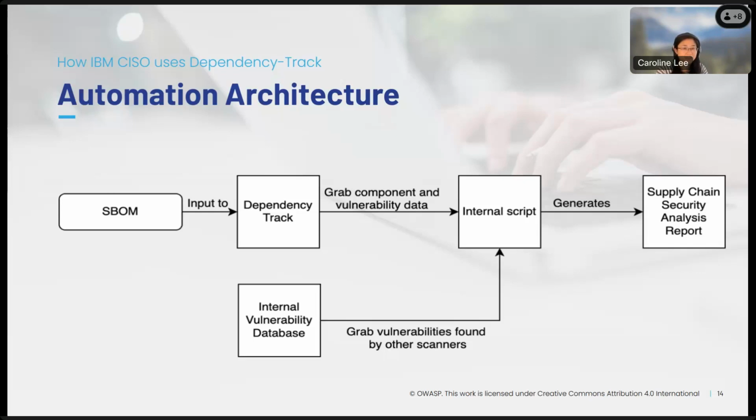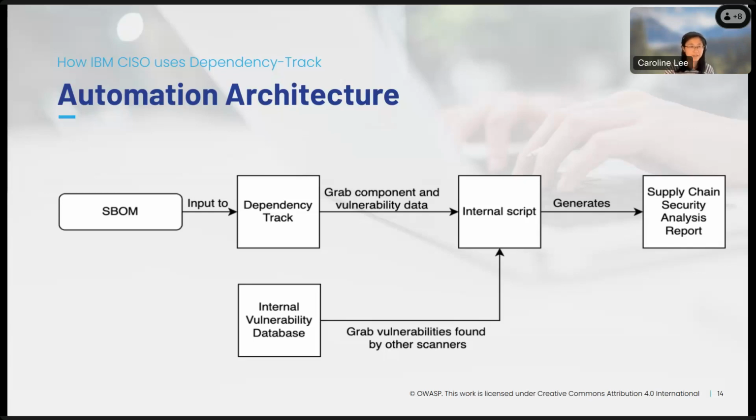Within Dependency-Track itself, it has a lot of details, and they're able to see a lot of information, but they want a simple way to copy and take that information and present it to the stakeholder. So they needed help in that, and so we have this Python script to grab the total component information and vulnerability information that they need.